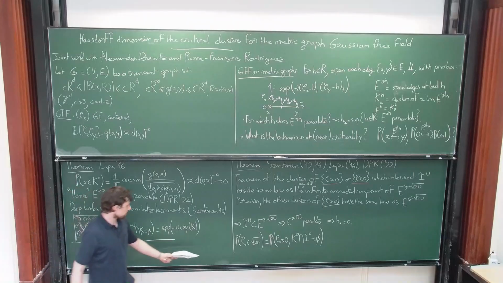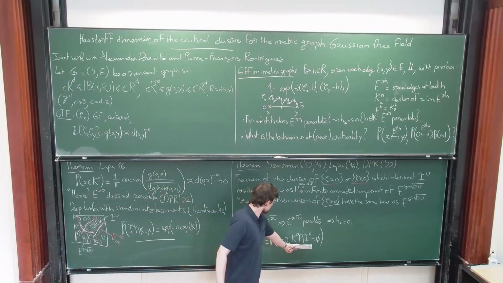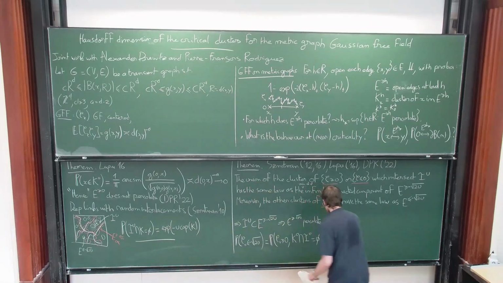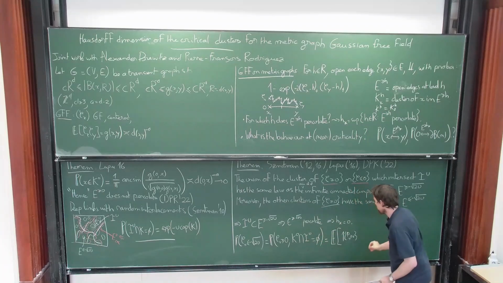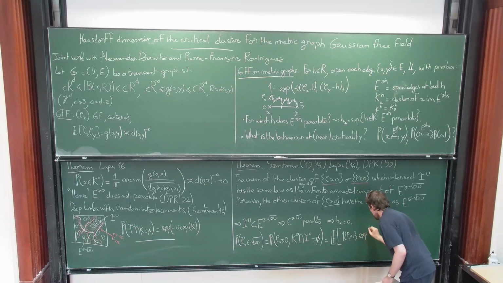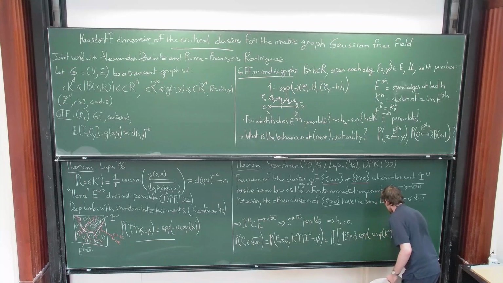You can apply it here, but conditionally on the field. The field is independent of the interlacement. And if you do that, what do you get? Well, you keep your indicator that phi 0 is positive, but this probability just becomes exponential of minus u times the capacity of your set.